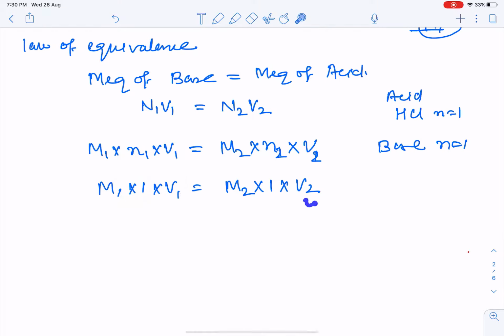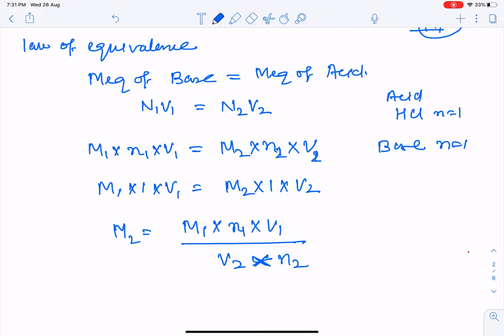So you can say M2 will be equal to M1 into N factor into volume divided by V2, because you know this, and N factor is 1 in both cases, so this will be M1 into V1 divided by V2.